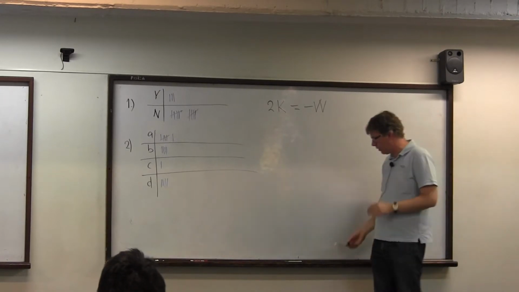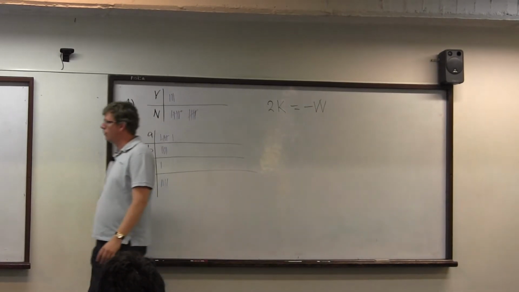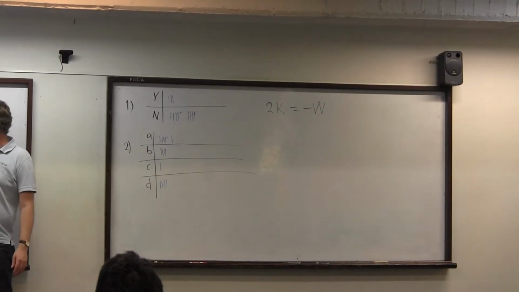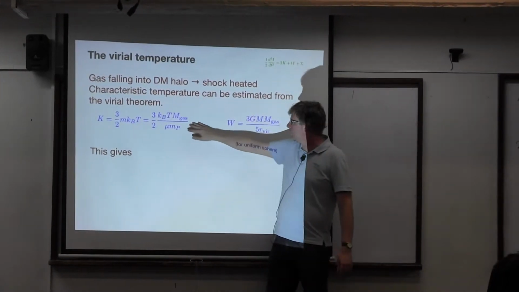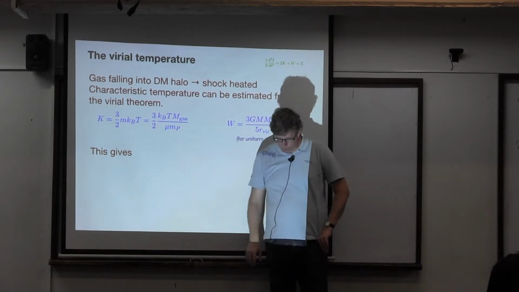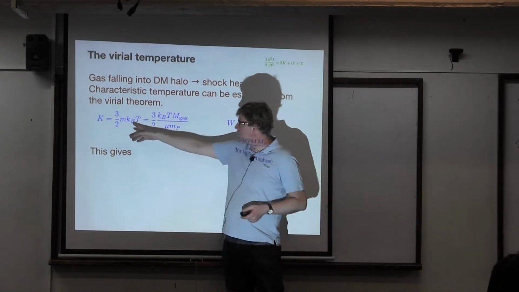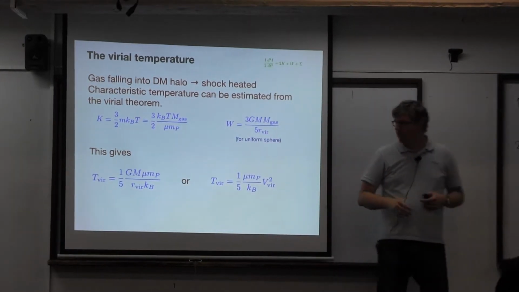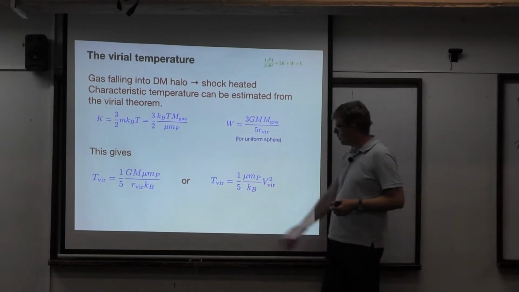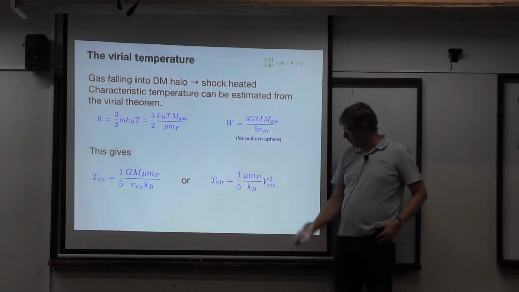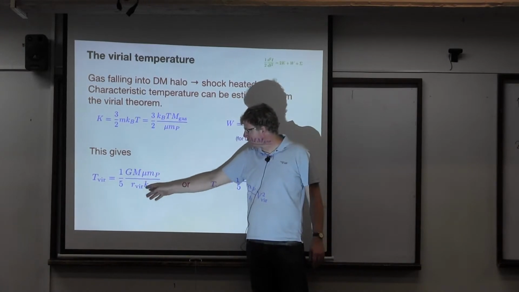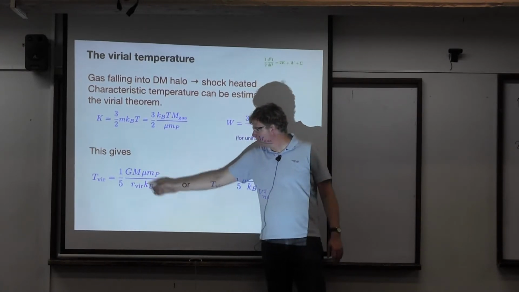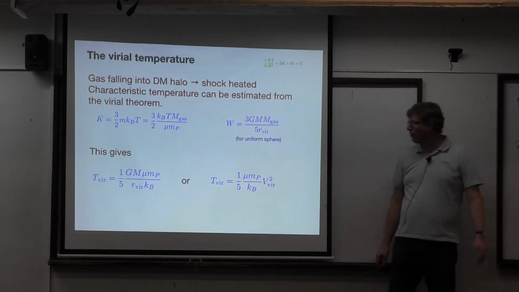The potential energy of a spherical distribution, for a uniform sphere, is 3/5 G M squared over the radius. But more importantly, you can also write down what the kinetic energy of the structure is. It's just writing down the kinetic energy per particle. And it gives you a virial temperature, which depends on the mass and some physical constants, the radius, and the reduced mass.